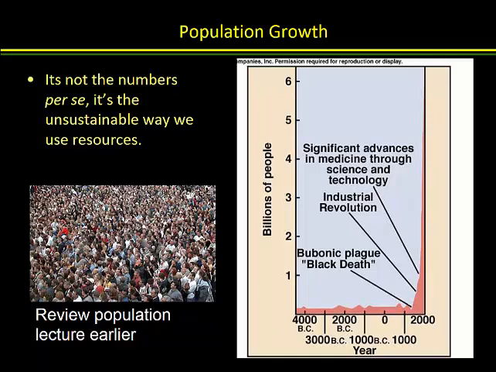So the third highest ranked cause of extinction has to do with human population growth. And I want to be clear here, it's not the number of people on the planet per se. We could probably sustain about 7 to 9 billion people on the planet if we were to live more carefully and more balanced with nature. It's more the way that we use our resources.